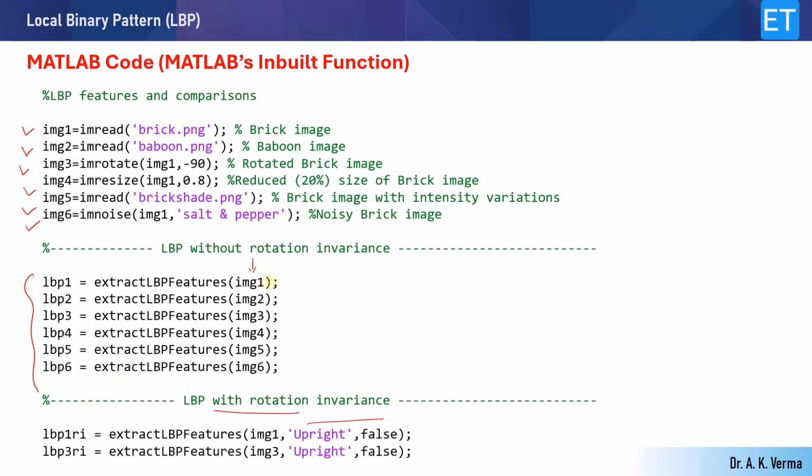The third image is a rotated version of the first image, so for the first and third images, I am considering rotation invariance. We will see what type of LBP feature we get from the first and third when rotation invariance is on.